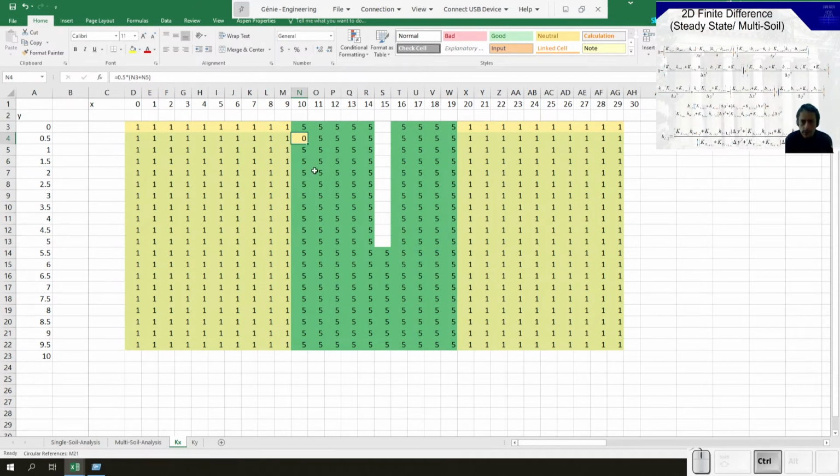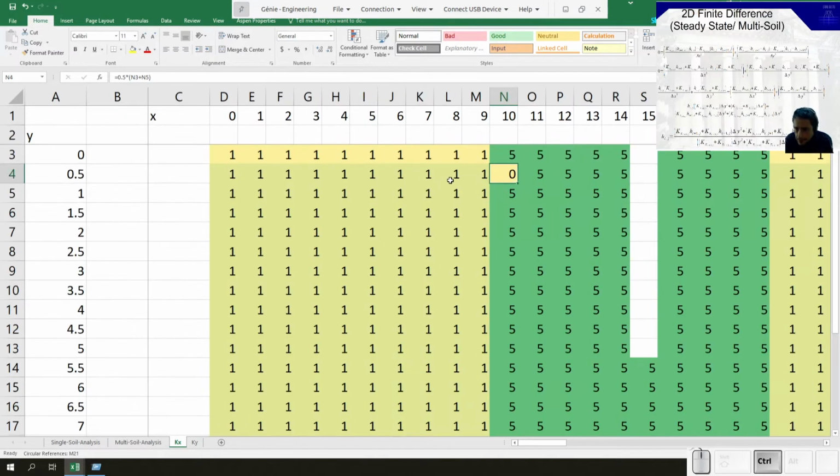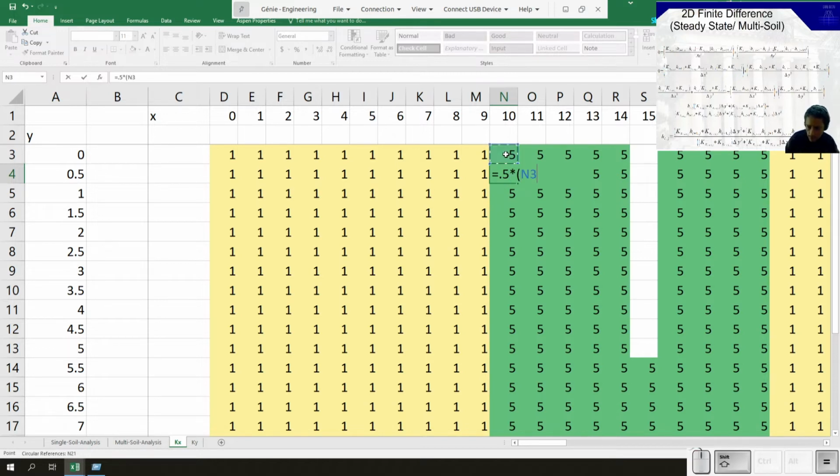Can someone spot a mistake that I might be making here? 0.5 times the neighbor value, 0.5 times 5 plus 5 should be 5. No? Yes. So 0.5 times this one, which is 5, plus this one, which is 5. I fail to see how I'm getting 0 there.